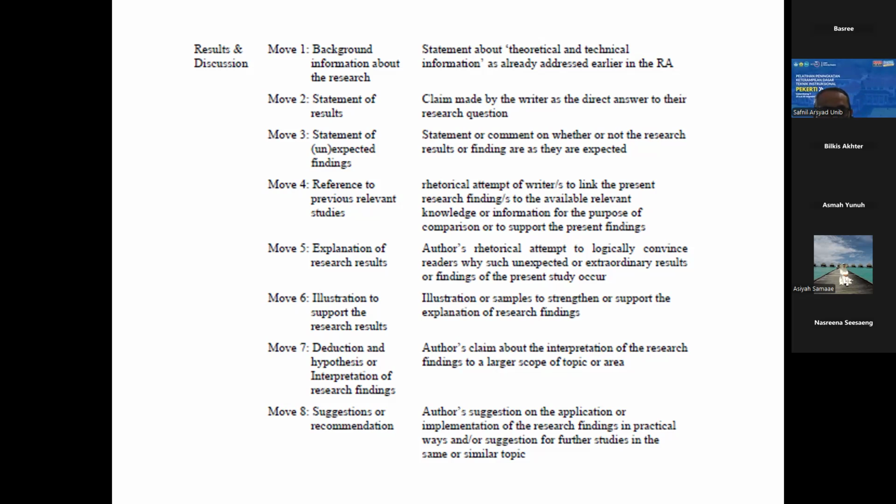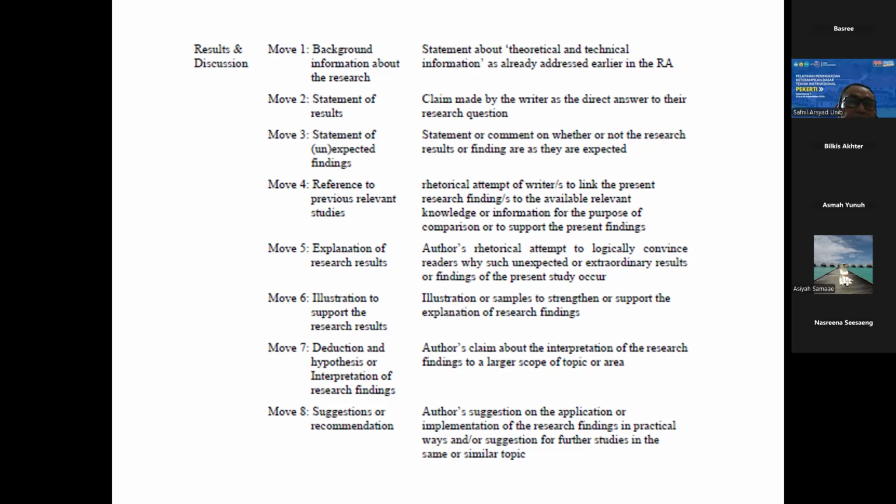Particularly when they write the literature review section of their articles, they need relevant studies, and they need to cite the findings of the relevant studies and the discussion, the reason for the finding or the interpretation of the finding.